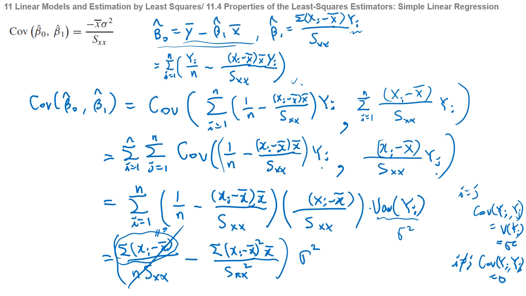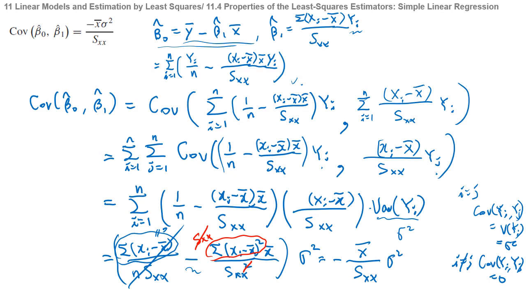And here, this part is Sxx, so one of the Sxx cancels. So now this becomes x bar over Sxx, actually this is minus, so the minus sign is here, times sigma square.